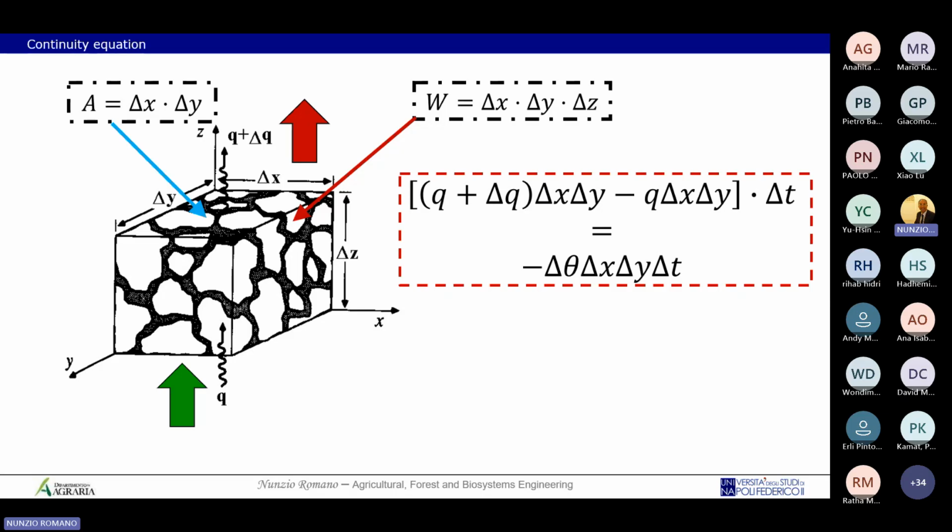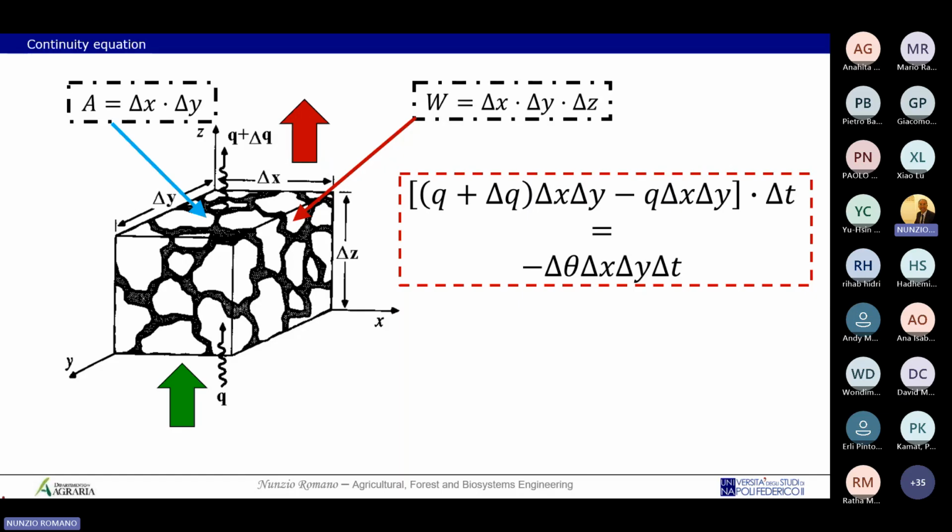This is why we have to multiply delta theta by delta x, delta epsilon, and delta t, because we have the variation of soil water content in the same time interval.